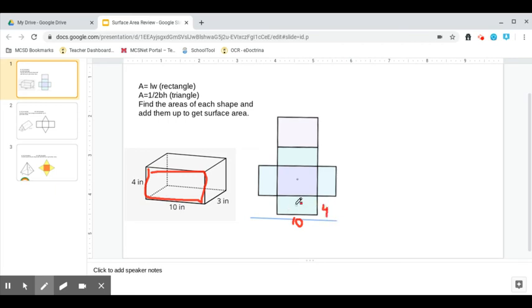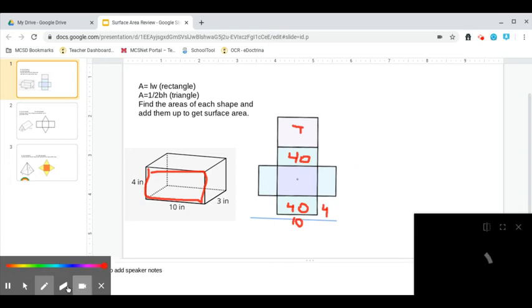So length times width, 10 times 4 is 40. The front is connected to the bottom, which is right there. The bottom is connected to the back, and the top over there. We know the front has to be the same as the back, so the back is 40. So I know the front and back are 40.